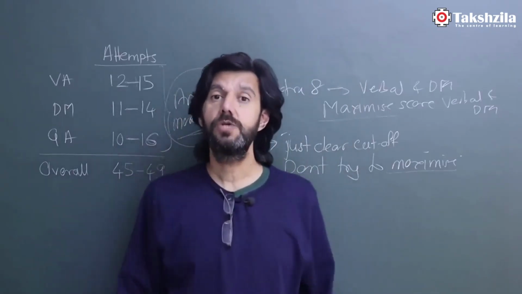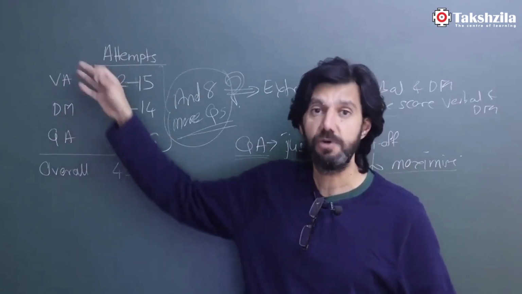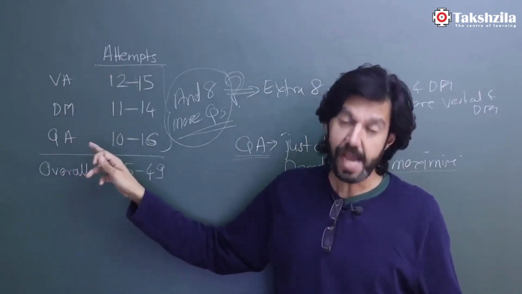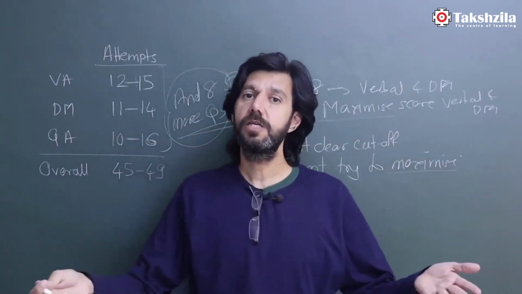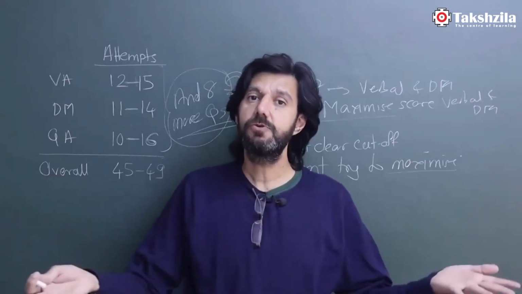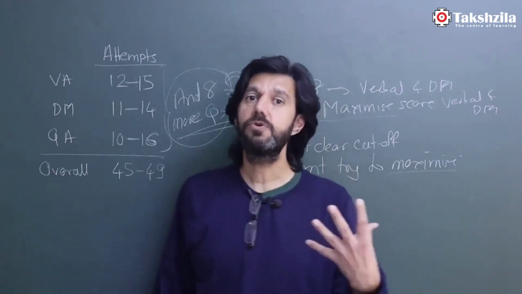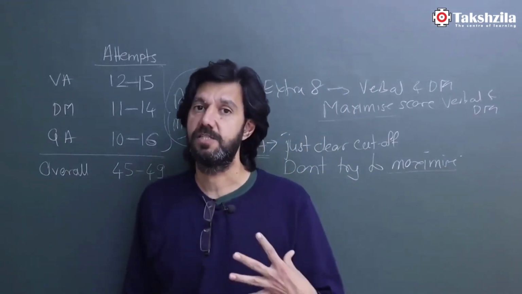Everyone has a comparative advantage in one section vis-a-vis the other sections. So why should I spend proportionate time in all 3 sections when I'm free to choose? That is what I said: use the freedom to spend time the way you want to your fullest advantage.